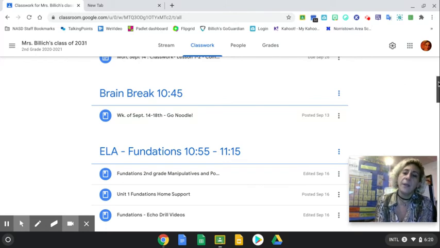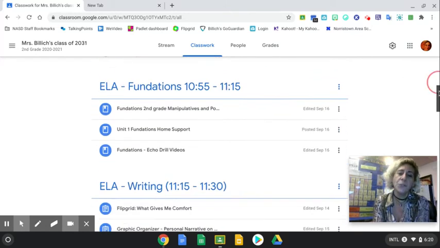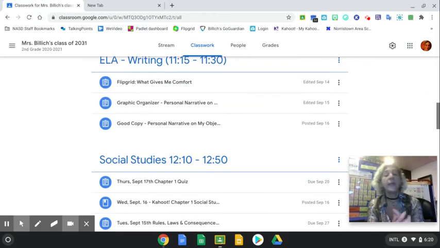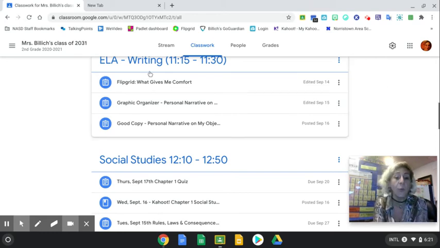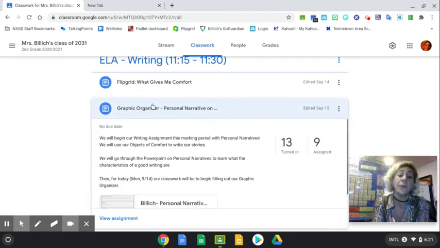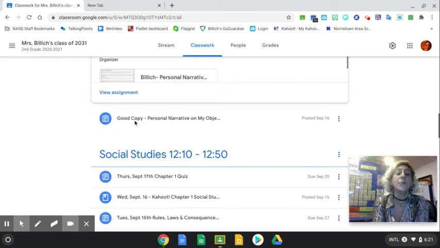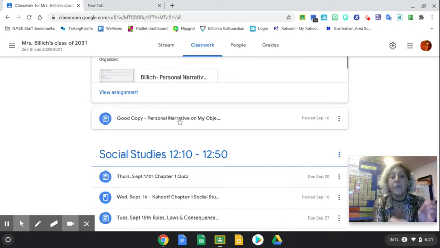Today, for reading, we jumped right into writing. We worked on our graphic organizers for our personal narratives on our objects of comfort. Those students who had already done their graphic organizers on their objects of comfort correctly had gone straight to their good copies of their personal narratives.